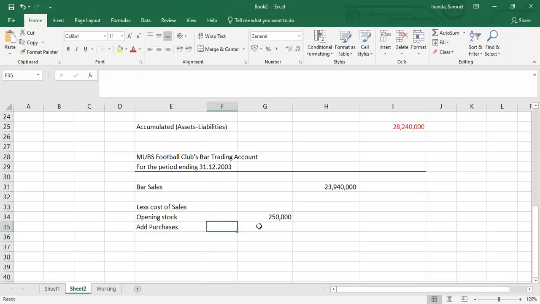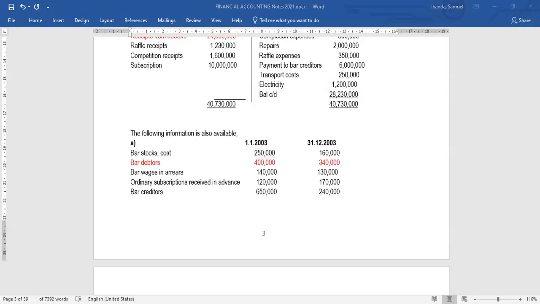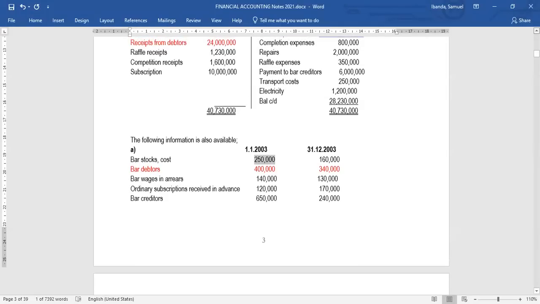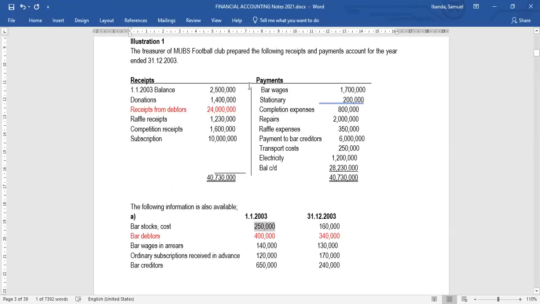I hope you remember how to calculate. Now, when I get to my question, mine is to look for purchases. Purchases, I can either find in the receipts and payments account. Remember, if you're dealing in a bar, maybe you're buying the beers and the drinks.